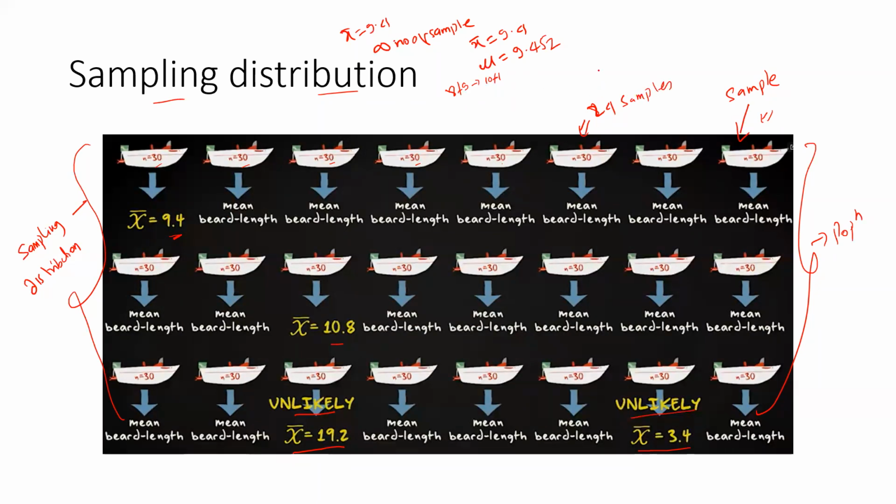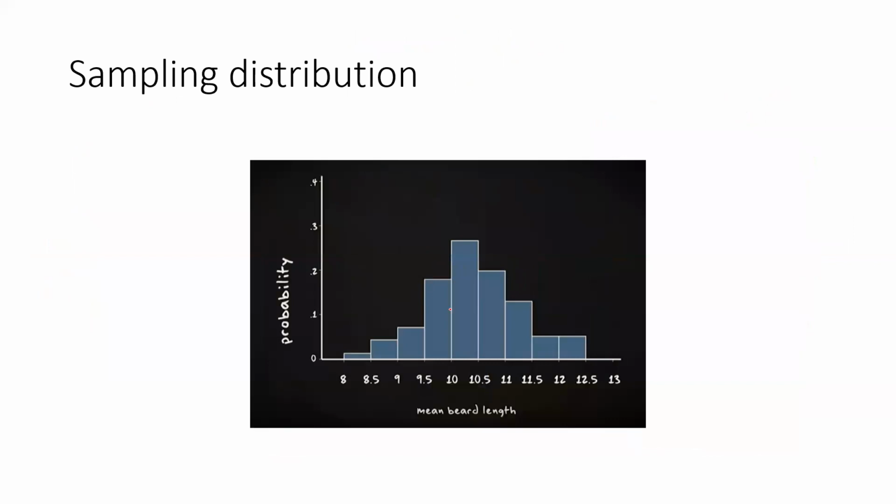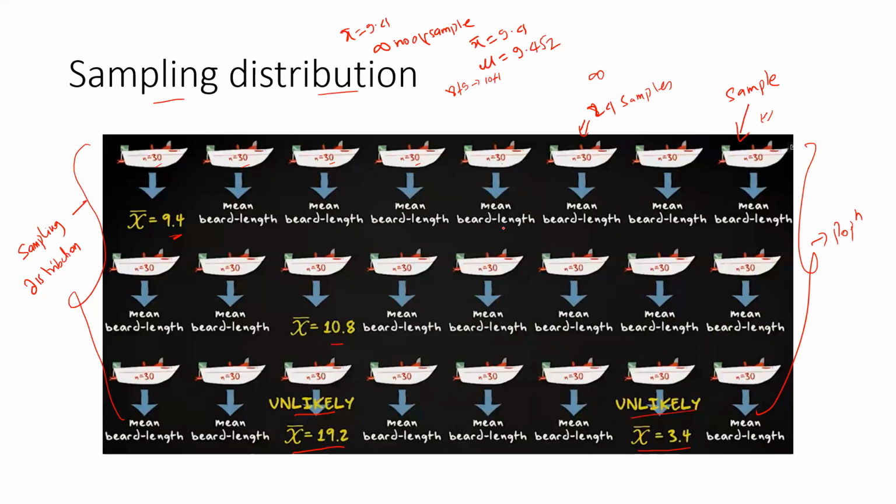If this sample becomes infinite, then my distribution should look something like a bell-shaped curve, which is normal, and the mean of my individual sample, 9.4, becomes equal or close to my whole population mean, which is nearly about 9.4520.